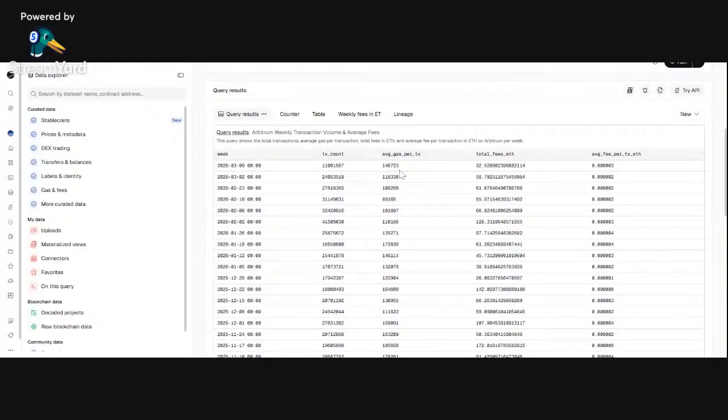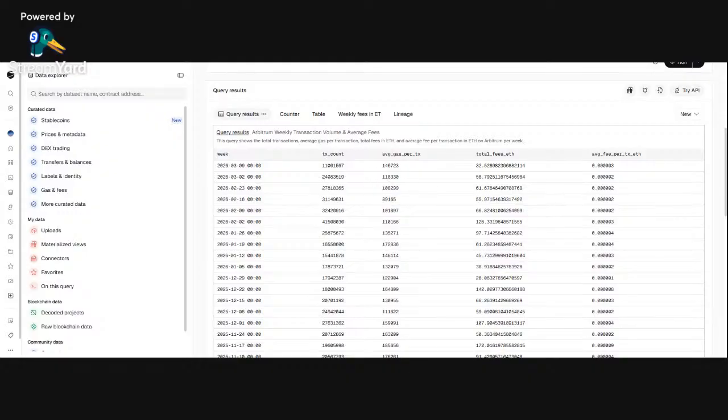So you can also see the average gas used per transaction, and the transaction count. You can see that having more transactions on Arbitrum, this is 41.5 million transactions, and the average gas still stayed at 0.03.